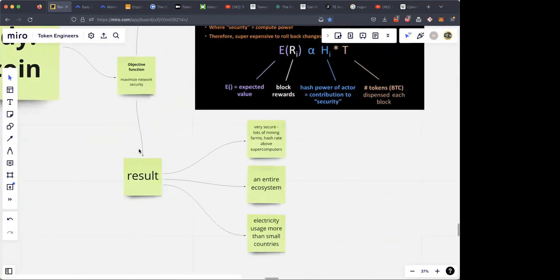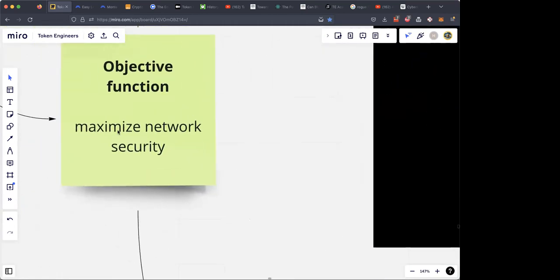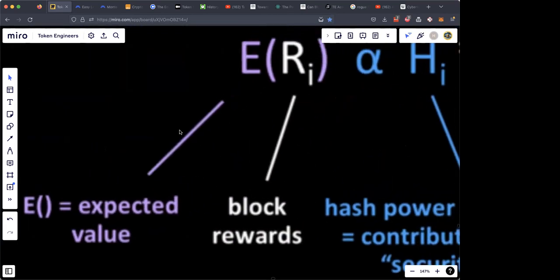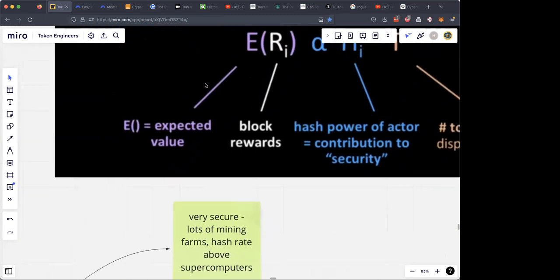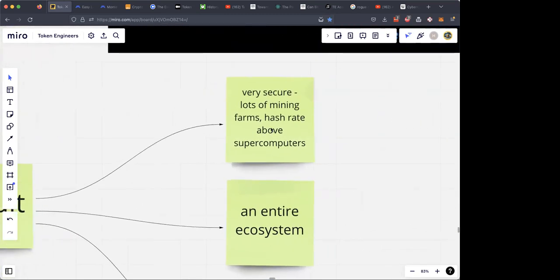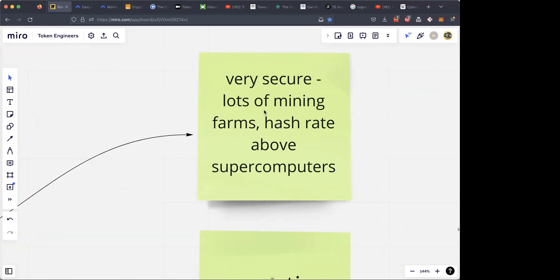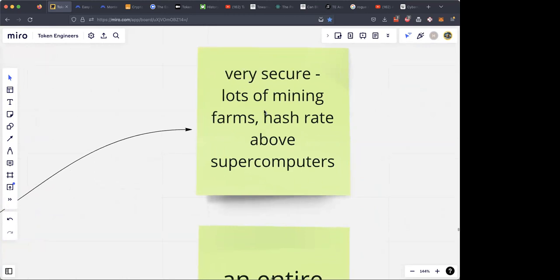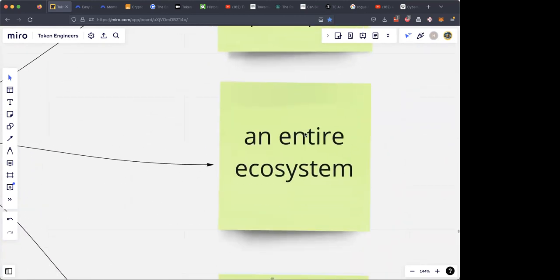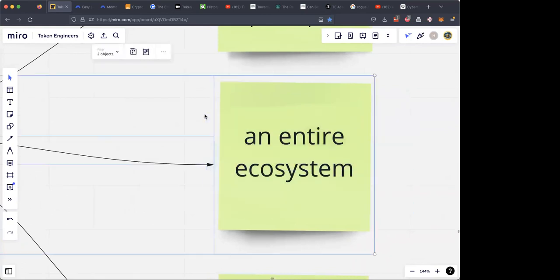And what are the results out of just this very basic objective function of maximizing network security, which is maximizing compute power? Super secure, lots of mining, it's so secure. The hash rate is above supercomputers. There's an entire ecosystem that's been built around it.